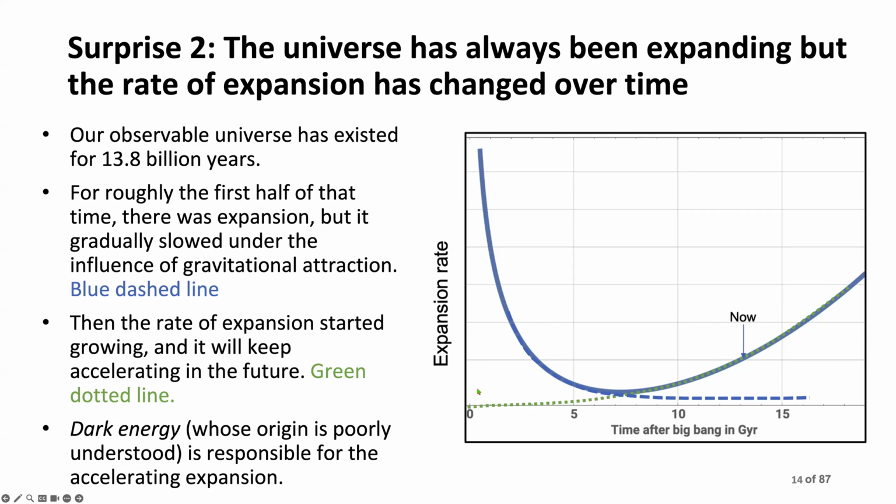But all that time, an initially small effect, namely the effect of dark energy, was inconsequential early on, but it was persistent. And right here, about 7 billion years after the Big Bang, the influence of dark energy compelling the universe to get larger overwhelmed the gravitational effect. And we now see that we are in an expanding universe.